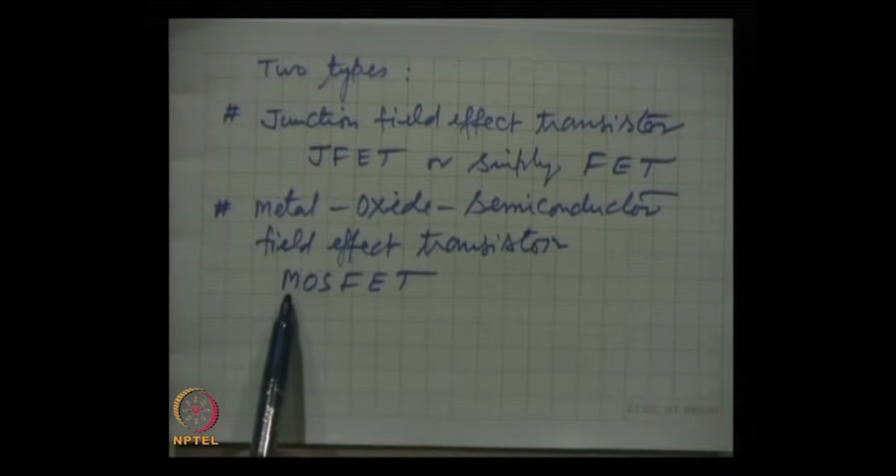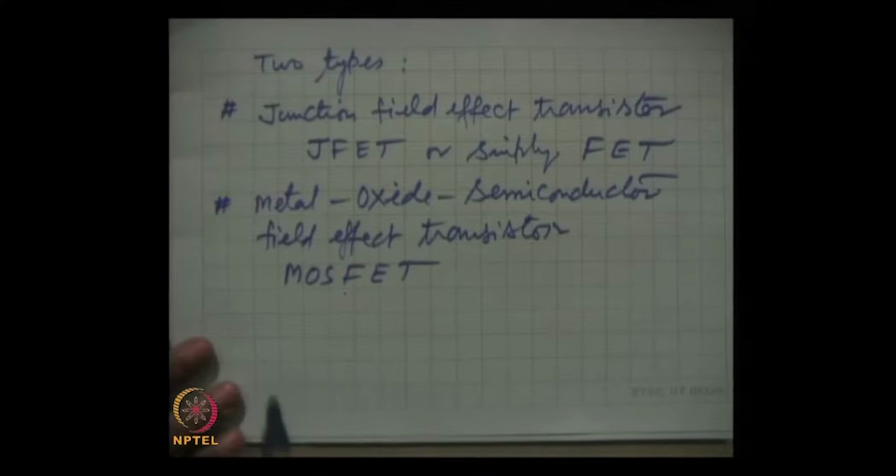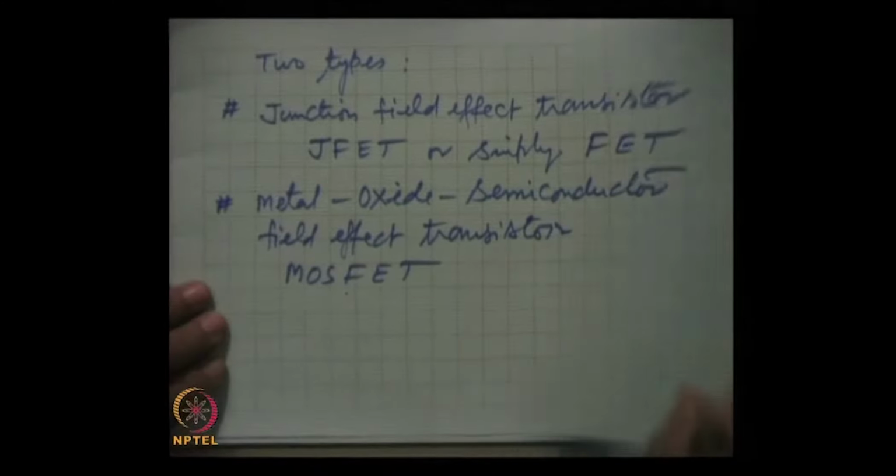These two types are very widely used, and in integrated circuits mostly, as we will see, these will be the MOSFETs. First, we will study the junction field effect transistor. Having introduced, I am sure you have followed the basic differences as compared to BJT and the reasons for popularity, why FETs are so widely used in circuits.